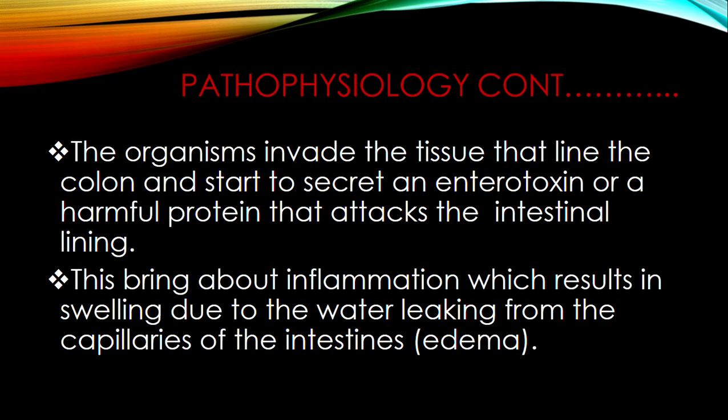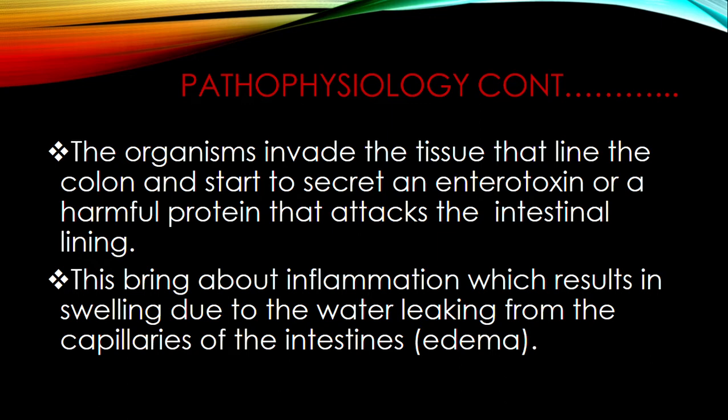So now what is happening is the Shigella, the microorganisms, have entered into the intestines. Now they start to release the enterotoxin. This enterotoxin will start to injure the lining of the small intestines. Now, when that injury comes in, there is inflammation, which will result in swelling, water leaking from the capillaries, ulceration, and all those things start to happen.